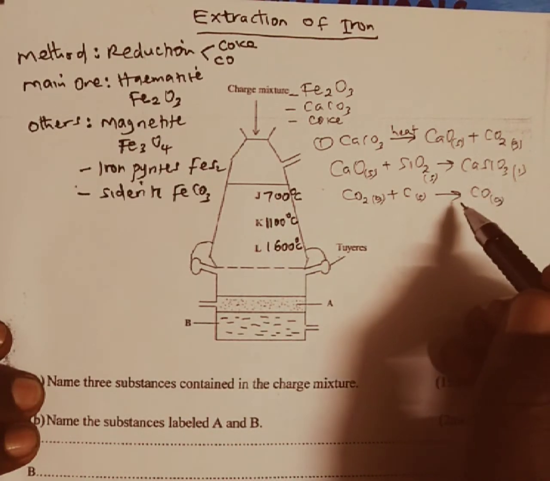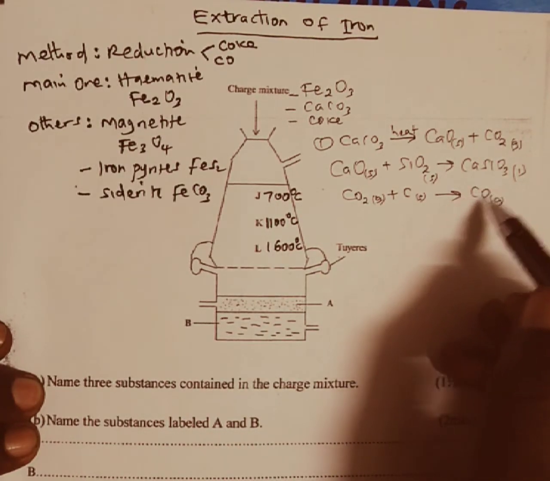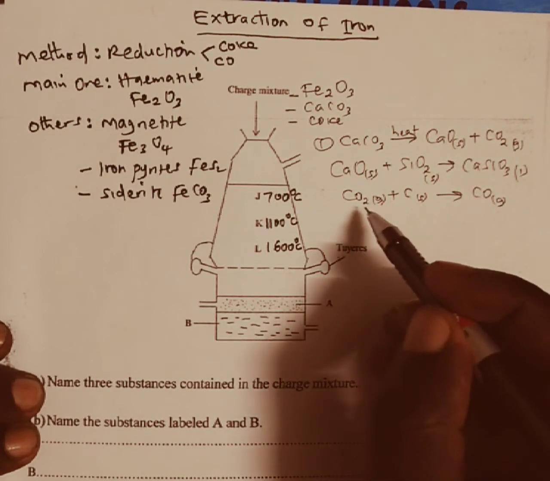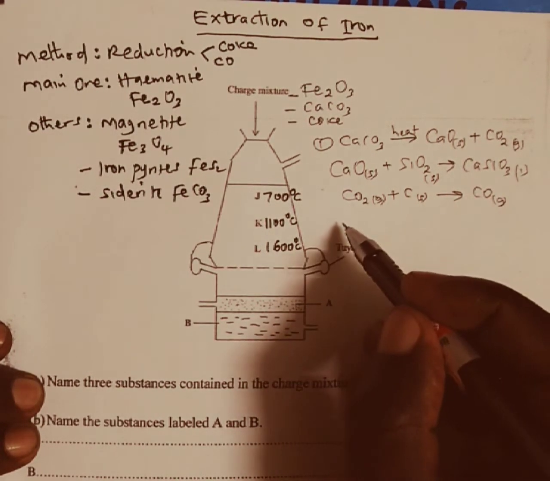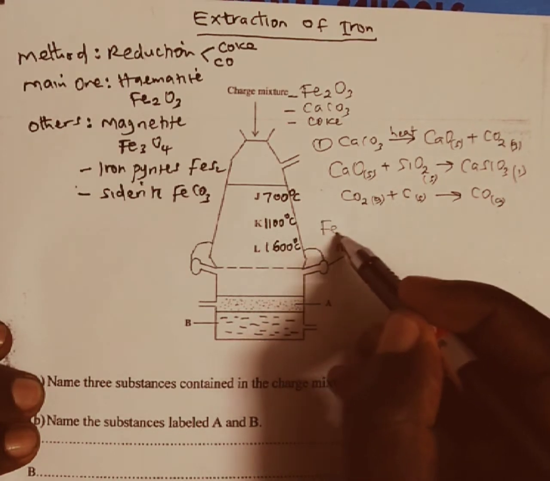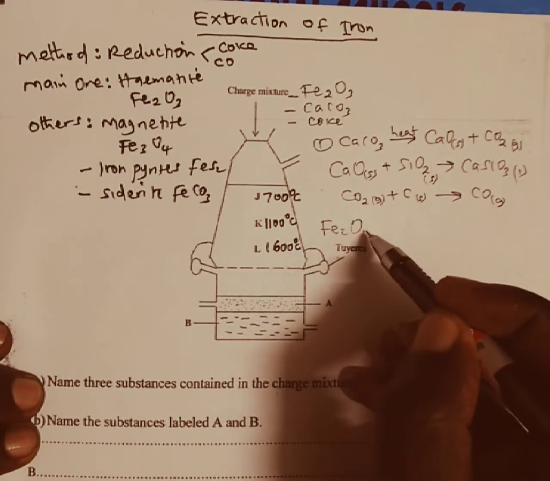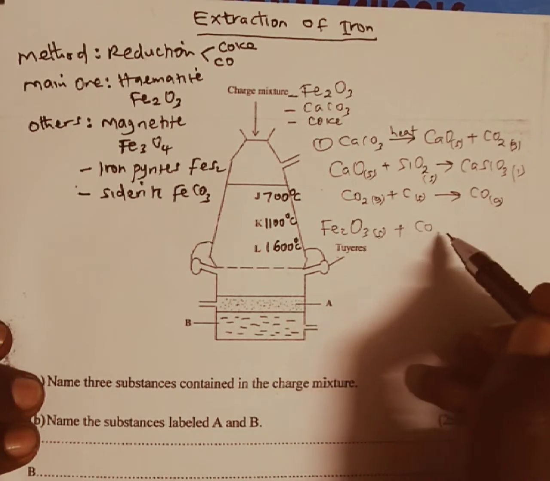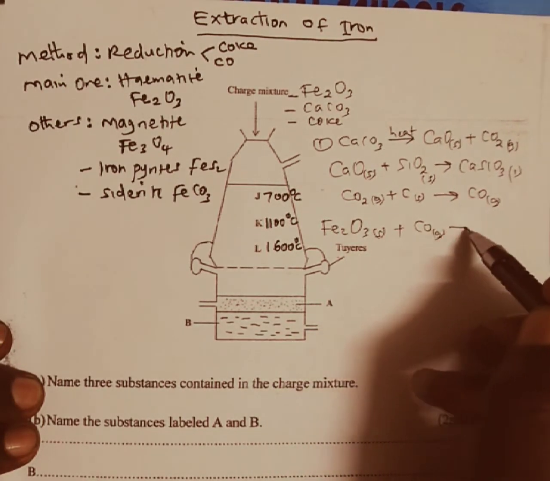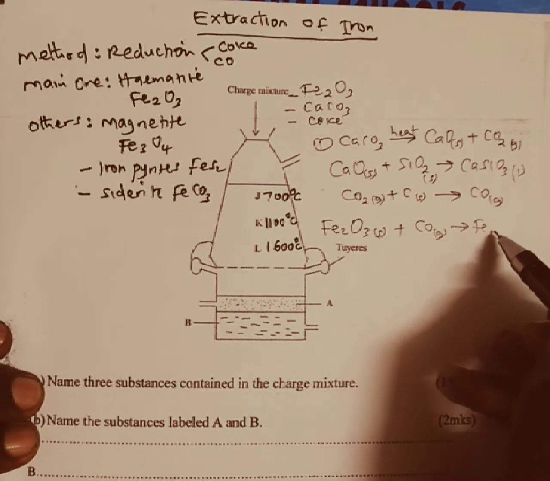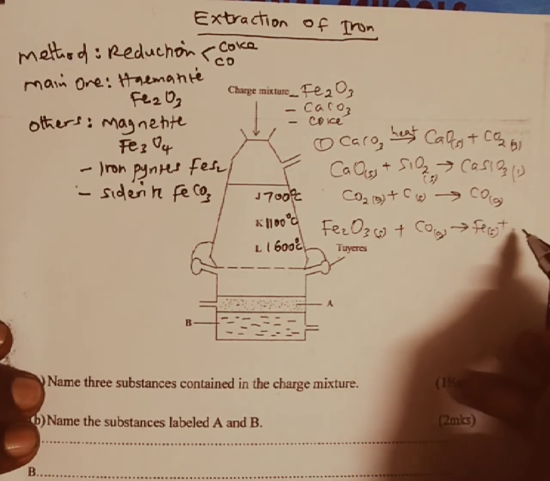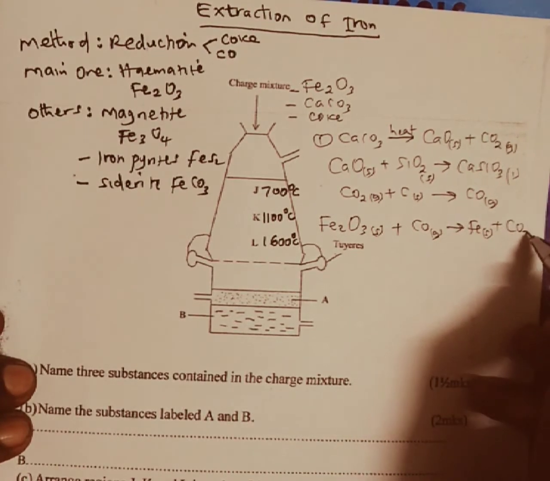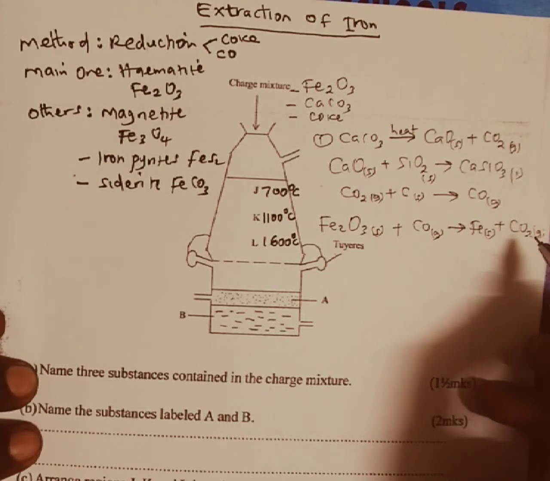Finally, the carbon 2 oxide that is formed from the reduction of carbon 4 oxide reduces iron 2 oxide into iron metal and carbon 4 oxide, which is a gas.